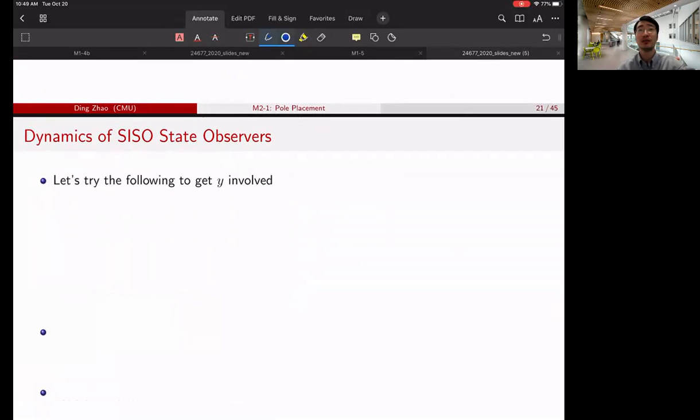Let's say we still have this x tilde, that's what we want from this estimation. x tilde dot equals A x tilde plus B u. You can say A tilde, B tilde, but for simplicity, for now I just use A and B. But you know that in the real world, this A may not really represent the real world.